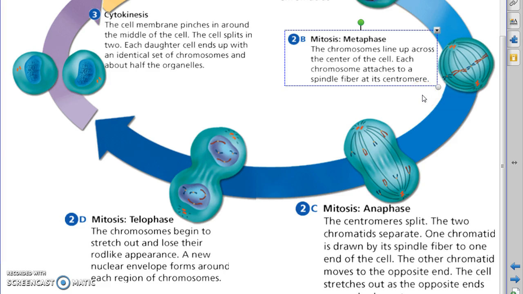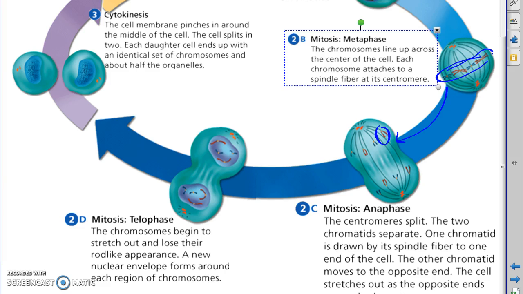Now you'll notice here that these chromosomes lined up along the middle of the cell are actually paired up. So if you look at them here, we've got red and blue chromosomes, but it turns out this blue chromosome has 4 legs, the red has 4 legs, right? And these all have 4 legs because these are already copied. So you can split them apart, which is what's happening in anaphase.